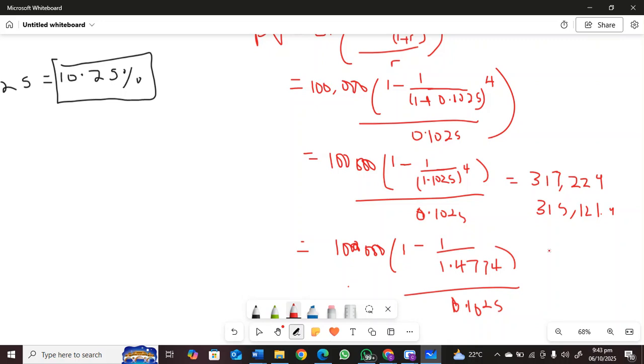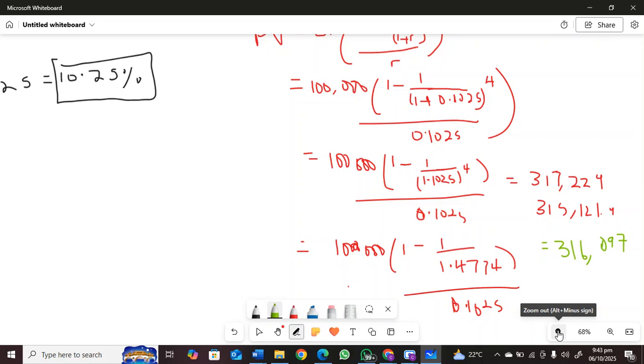Okay, I'm finding 316,000. I found it in the middle here, 316,097. So it's just rounding off differences.